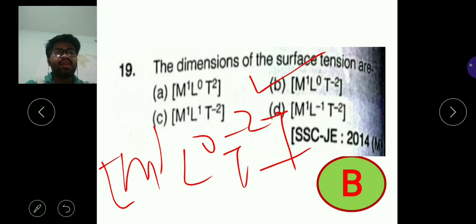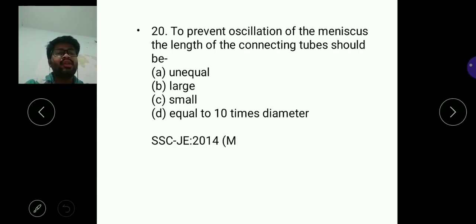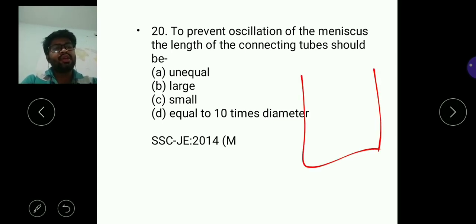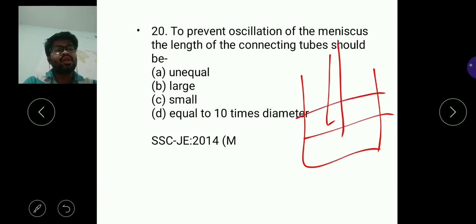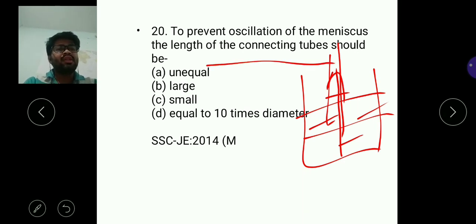Okay, then moving next, to prevent oscillation of the meniscus, the length of connecting tubes should be what? Okay, so if we put a capillary tube inside a beaker where some liquid is there, the liquid will rise inside that capillary tube. Likewise, if we connect with a small tube, then we can prevent the oscillation in the meniscus.